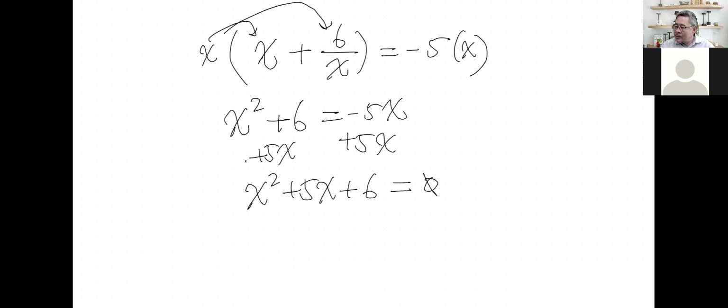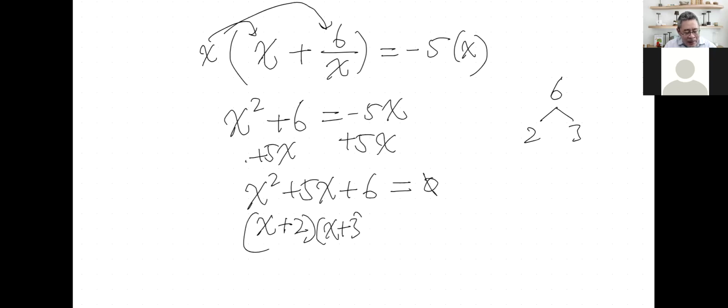Yep. Okay. Well, this is just a quadratic equation, so we have to do factorization. We break 6 into 2 and 3, and 2 plus 3 is 5. So that's good. So what we got here is x plus 2 times x plus 3 equal to 0.